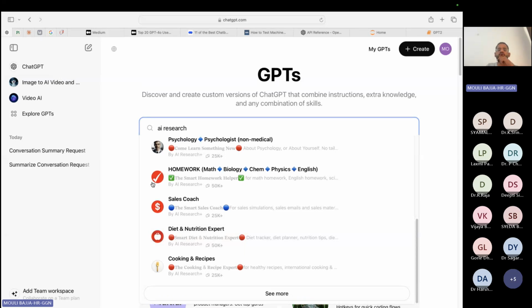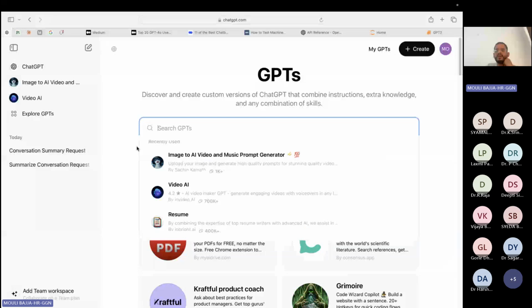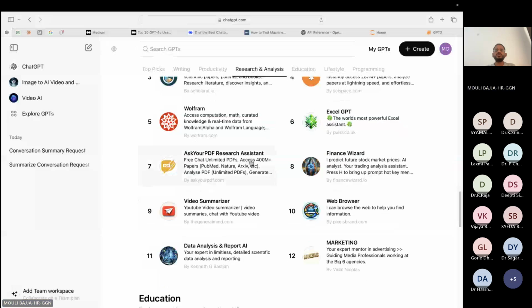There is something called research. If you go there, we have so many options here. Let's see, ask your PDF research assistant, or this is research and analysis education.